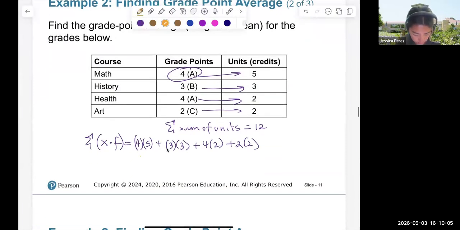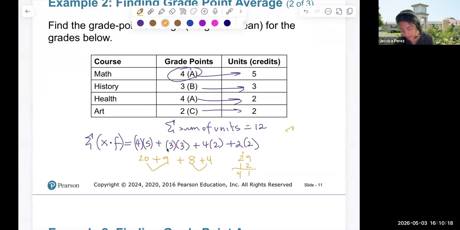So then we're going to have 20 plus 9 plus 8 plus 4. So we have 29 and 12. That gives us 41. But again, the formula is the sum of X times F divided by the sum of F. So here we have 41 over 12.